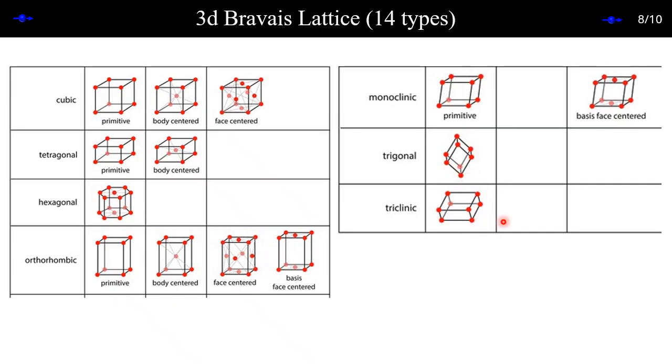These are different variations. We don't need to go into everything in detail, but you can try to visualize. For your understanding you will find many photos and videos; feel free to check those out. But overall, is it okay? In 2D we had 5, and at least some of them you can easily visualize. In 3D, we'll have 14 different types. Is it okay? Okay.